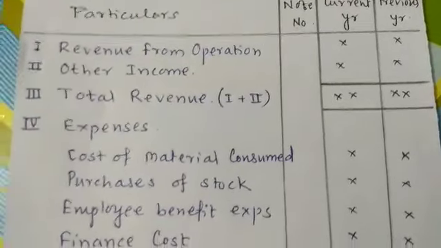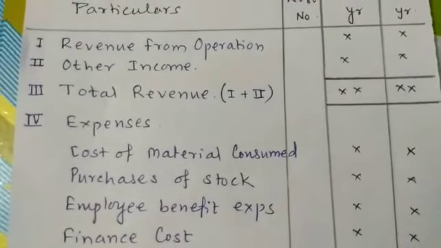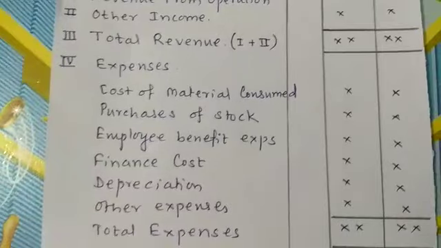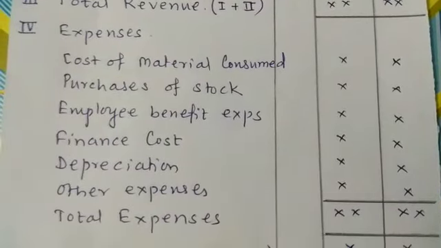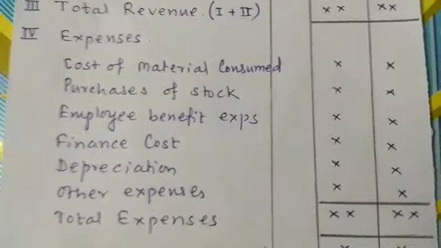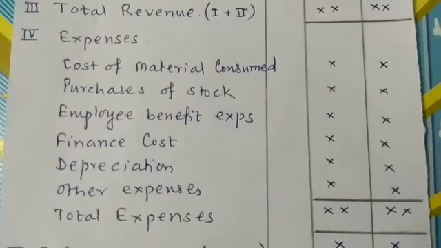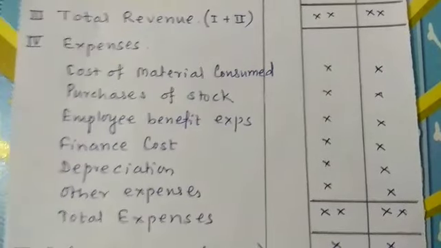Combined, the total of revenue from operations and other income will be considered as total revenue. After that, all expenses such as expenses on material, expenses on stock, employee benefit expenses, that is amount paid to the employees in the form of salary and wages, financial cost, depreciation will be a part of expenses. These all expenses are clubbed together.